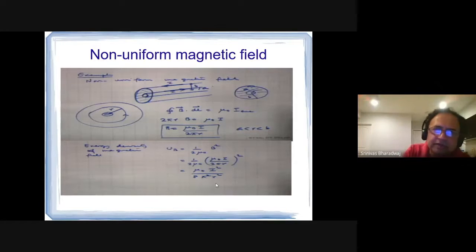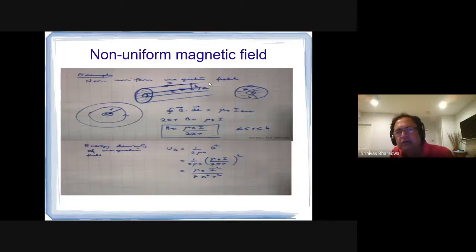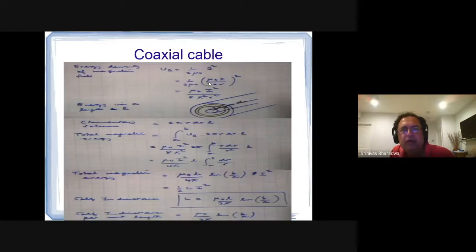So if you wanted to understand non-uniform magnetic field in the context of two concentric conductors, a pipe with a hole in the middle, etc., you go and look at how they do these integrations in the context of Ampere's law, and coaxial cable, etc.